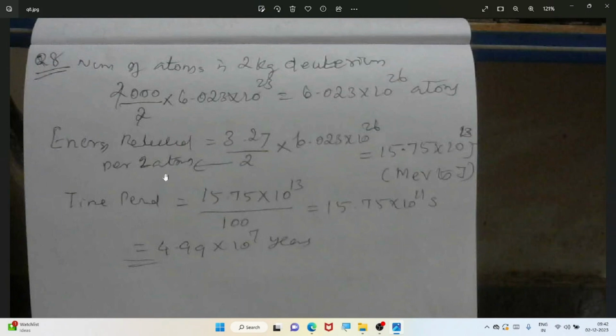The energy released per 2 nucleons is given. So 3.21 divided by 2 into this many atoms. Okay, this is in mega electron volt. Time period is in seconds, and after converting to years you will get this many.